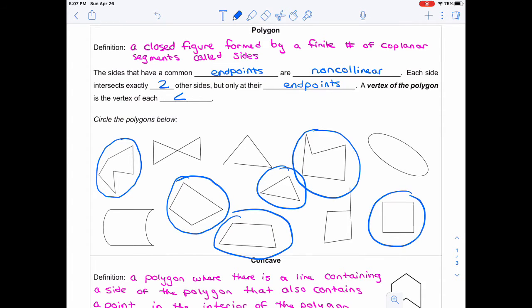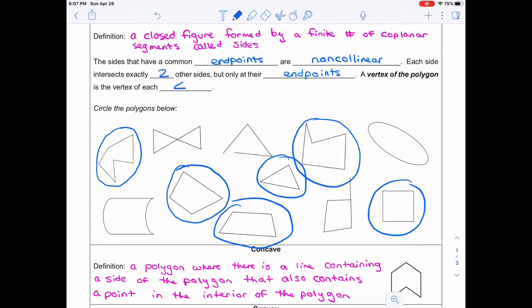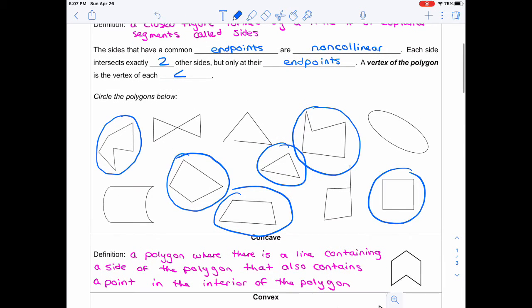Okay, so we should have had, let's see, how many is that? 6 of these circled here. Now, the reason that these highlighted ones right here, this one is not a polygon, is because we have a hole. Here they clearly intersect. Here we have curved lines, and then again right here for this one, it's intersecting one of those sides, okay?